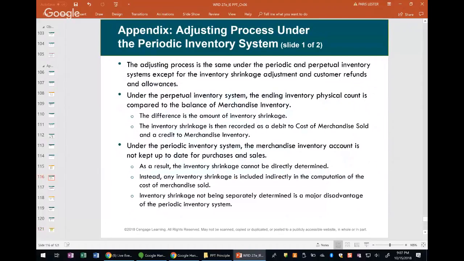Now we're going to look at a couple of problems this morning. I don't know if I assigned one of these or not. Did I give you a problem in chapter 6 on purchasing and selling perpetual? Which one was that, Ryan? 5A.